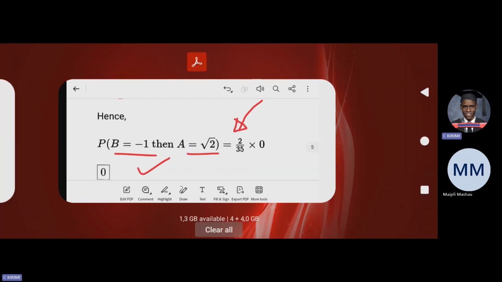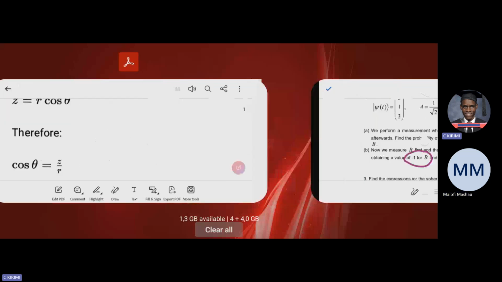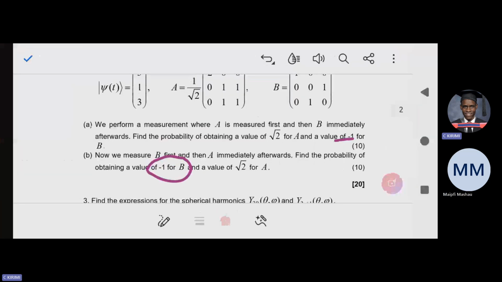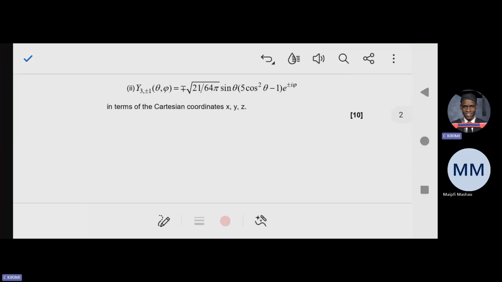Number 3. Let's move on to number 3. It's saying find the expression for the spherical harmonics. Now we are given y in terms of spherical coordinates. You did calculus, isn't it? Yeah.